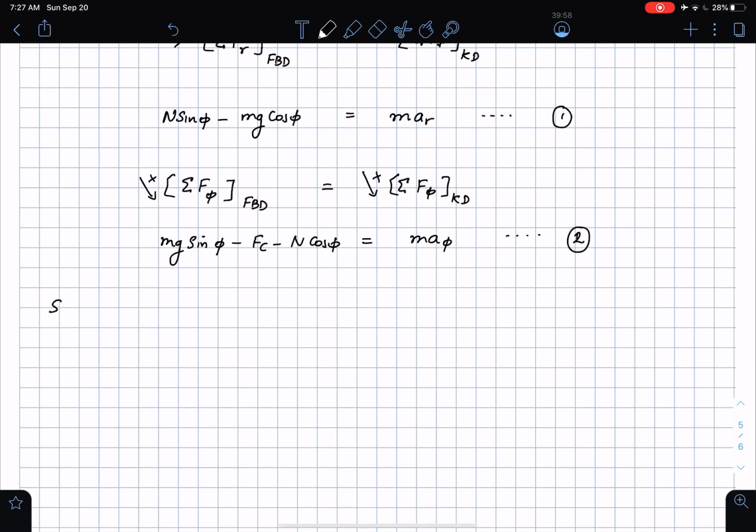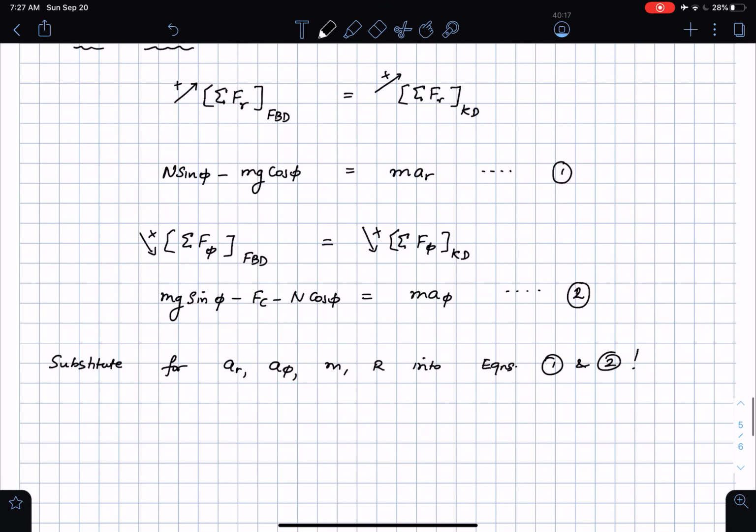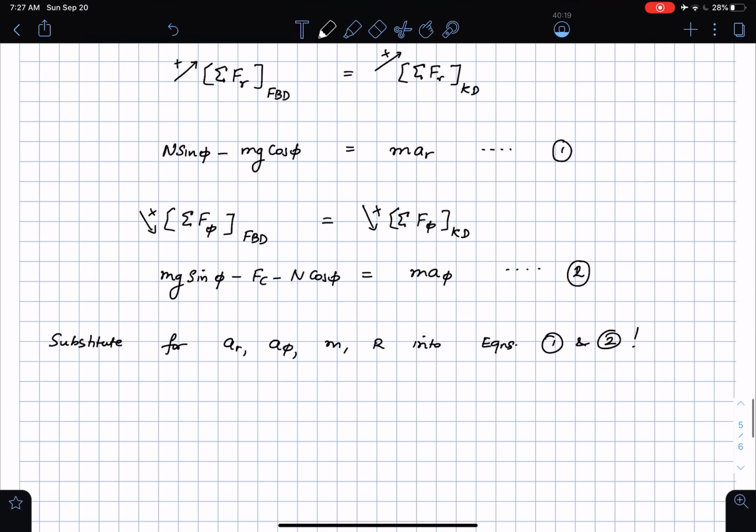Now start substituting. Substitute for AR, A phi, m and R into equations 1 and 2. Let me do that. These are my force balance equations. Eventually, after I do the cleanup, I get the following.